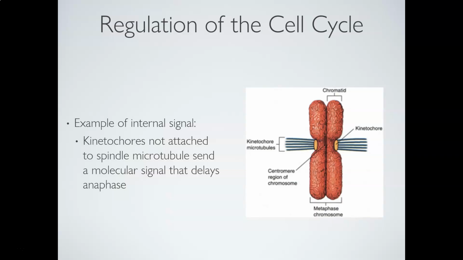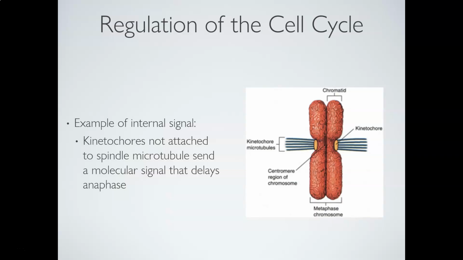So those are major connections. We also have an internal signal that comes from those kinetochores. Those kinetochores need to be attached to the spindle fibers as well as to the chromosome itself. All of that needs to be attached at every chromosome. Those microtubules will then send molecular signals to say, we're good, go ahead, and cause the cell to go from metaphase into anaphase and yank those centromeres apart, allowing the centromere proteins to start breaking down so that they do in fact separate.